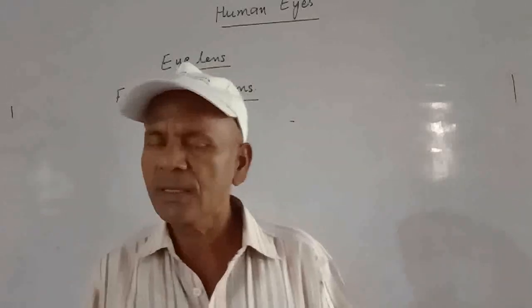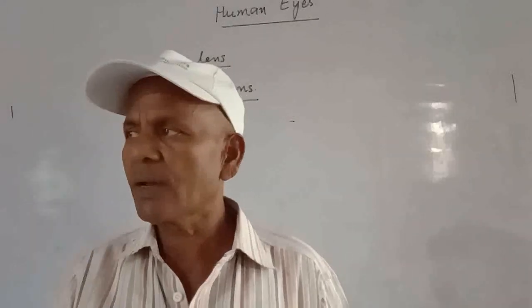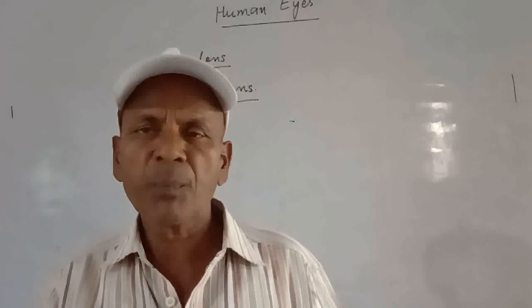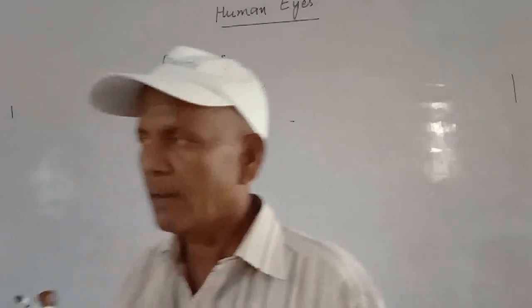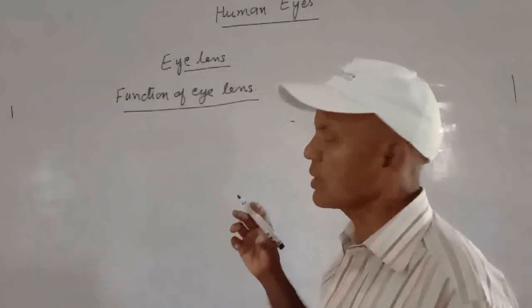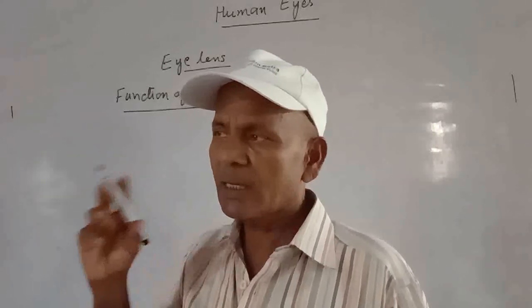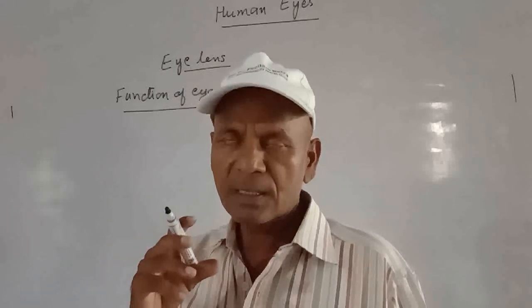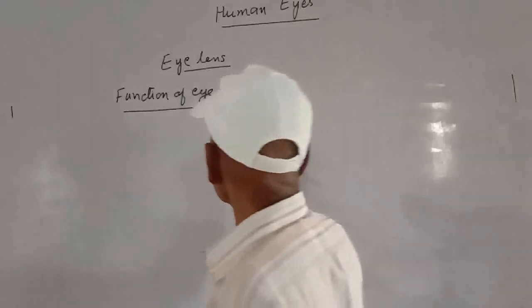Now, function of eye lens. When you see an object, the rays from the object enter our eye through iris and pupil and fall on the lens. The lens is double convex and it forms the image on the retina. The image is real and inverted. This is eye.